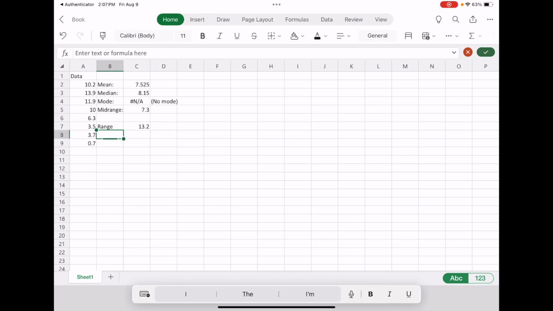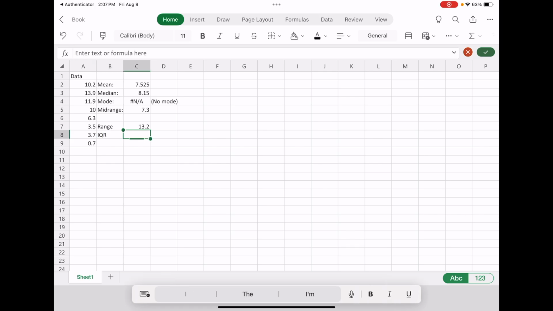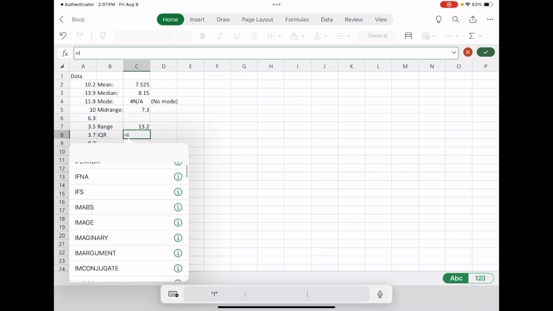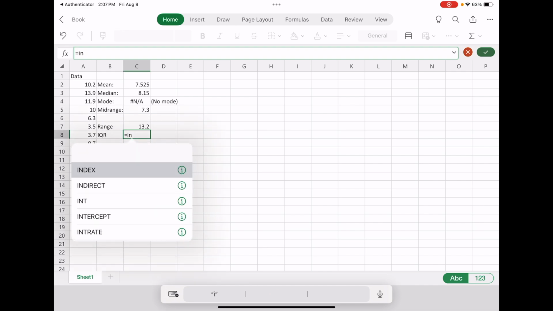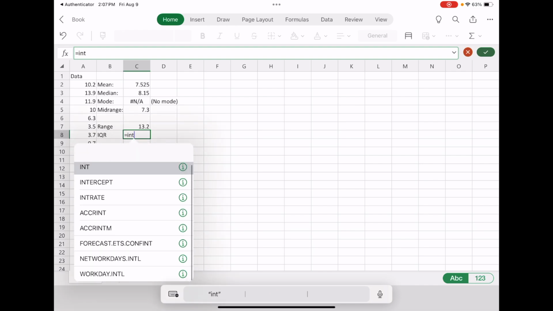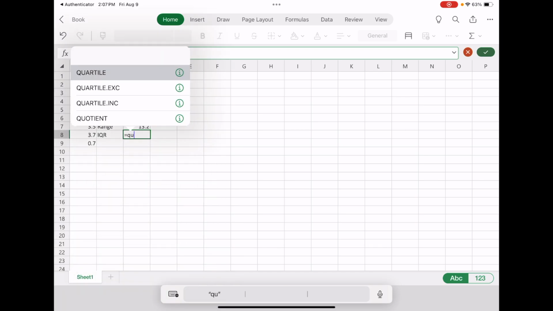Okay, the next one is the IQR. Equals, let's try IQR. Okay, IQR didn't work. Let's try inter. No. Okay, let's try quartile.